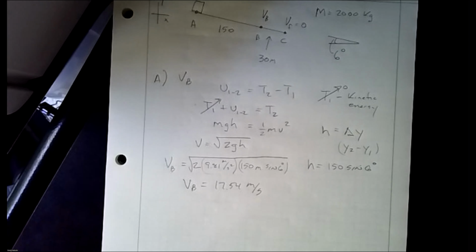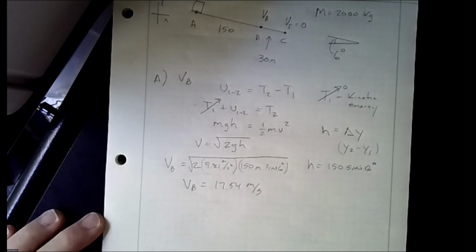Then we also want to know our friction, so we need to look at that. We're looking at the change in the overall potential energy and how much friction is involved.